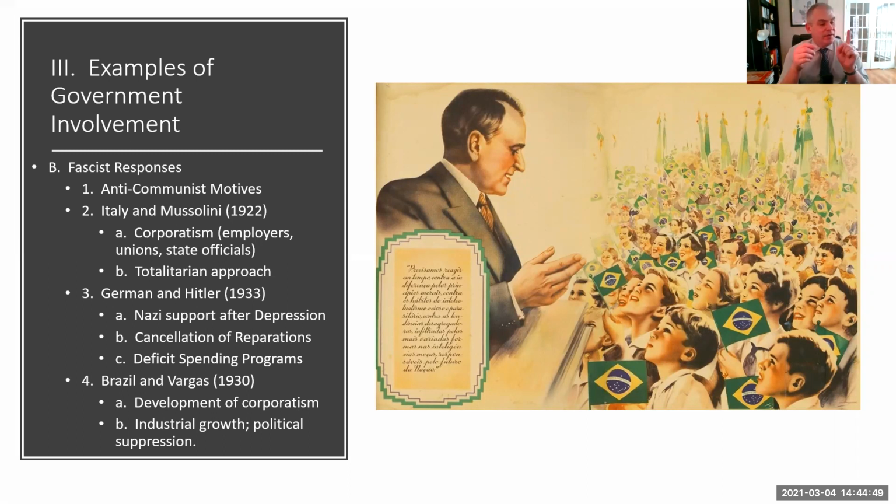So, in other words, the union will negotiate with the management, and then the government will step in and say, let us see the agreement. Okay, we accept this as your agreement. So, the government is going to be much more involved in the decisions of the economy. And the government is going to justify it as we're doing what's in the best interest of the nation.